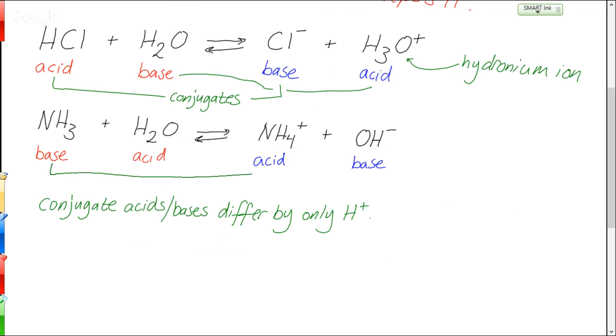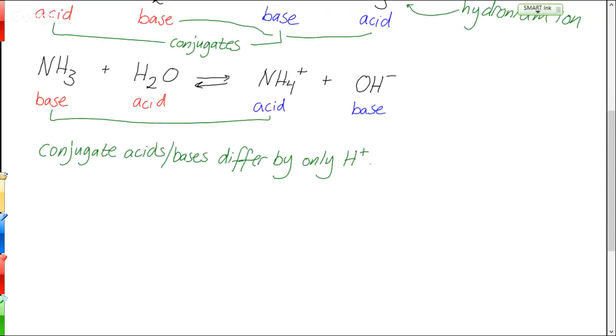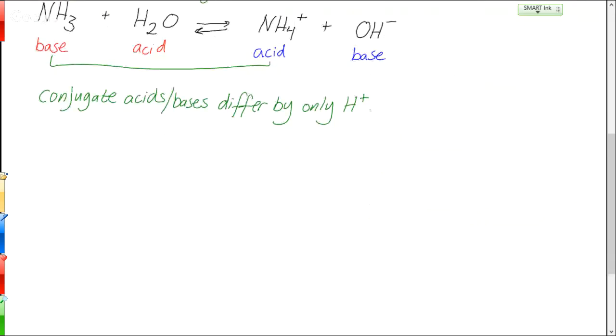So these two would be paired up as conjugates. So we could say that in a couple different ways. In the context of this reaction, we could say the base NH3 becomes its conjugate acid NH4 plus. But we can also say that in isolation. We can just say the conjugate acid of NH3 is always NH4 plus. So let's define it that way and see if we can figure that out for a few different molecules.